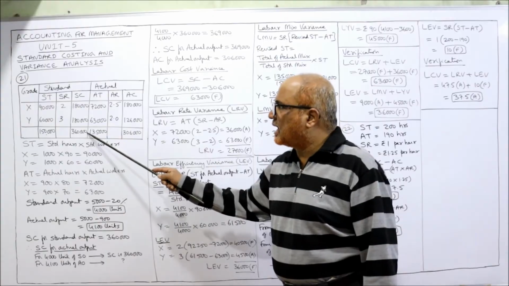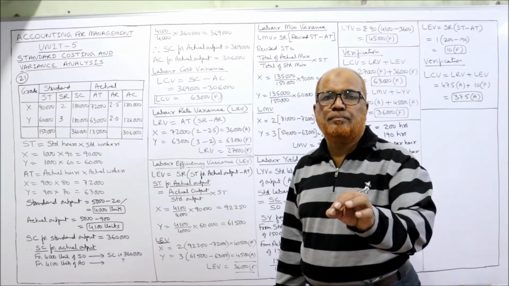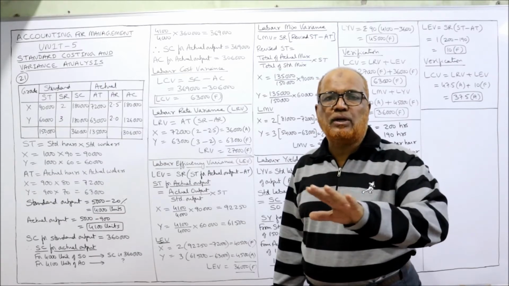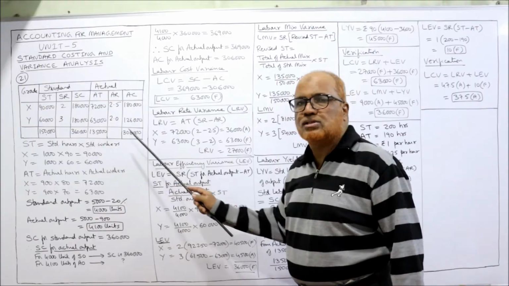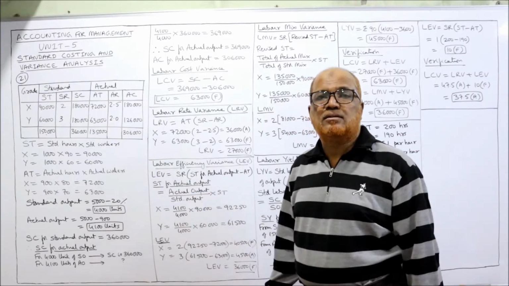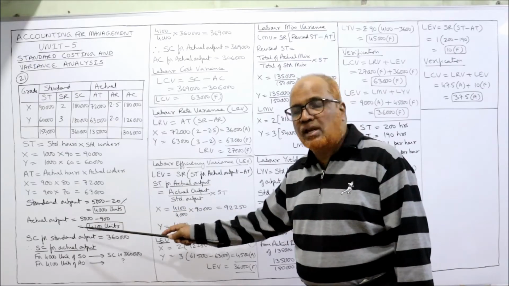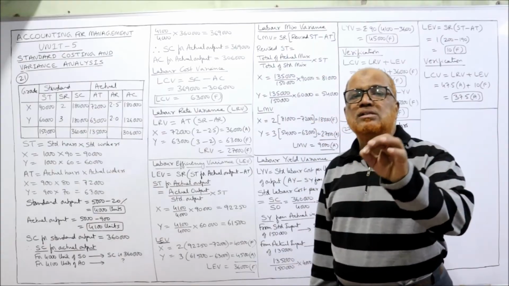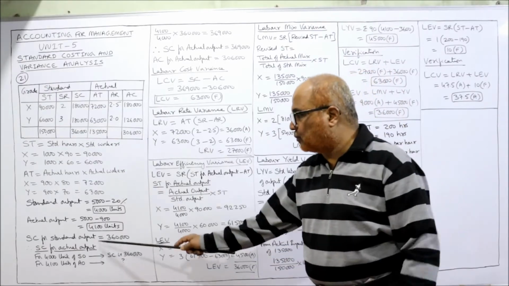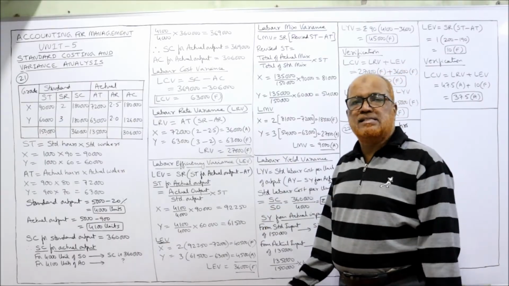We can compare this standard cost and actual cost only if actual output and standard output are the same. But here it is not like that. The outputs are different. The standard output is 4,000, actual output is 4,100. That's why we have to calculate the standard cost for actual output. That's it. So one variance we have completed, LCV.